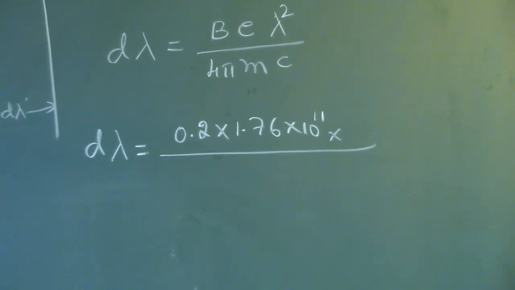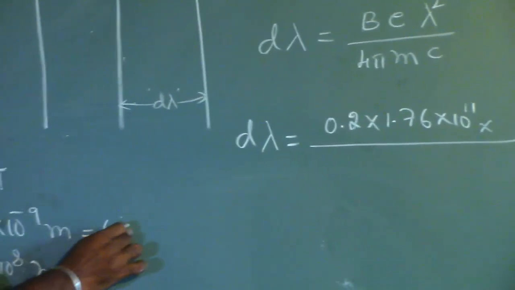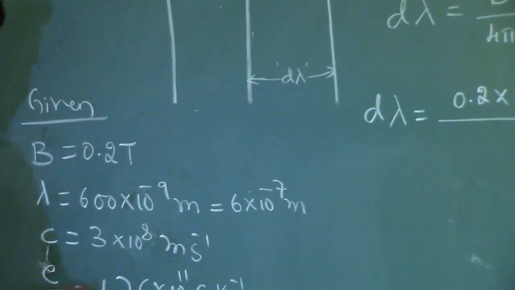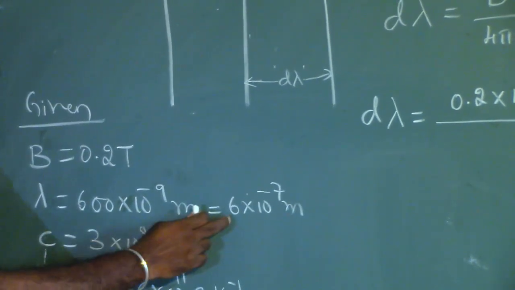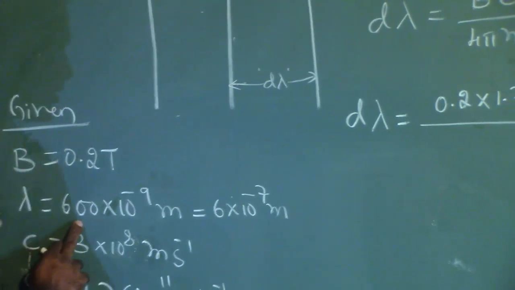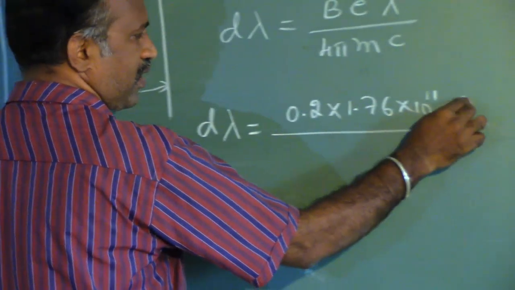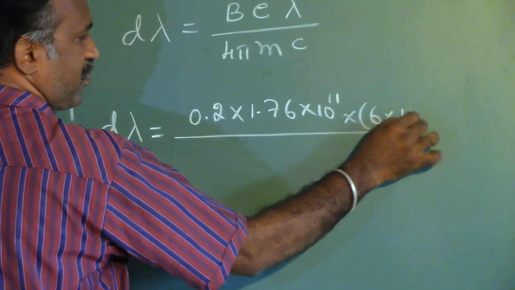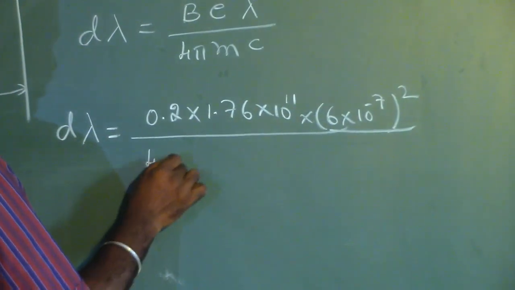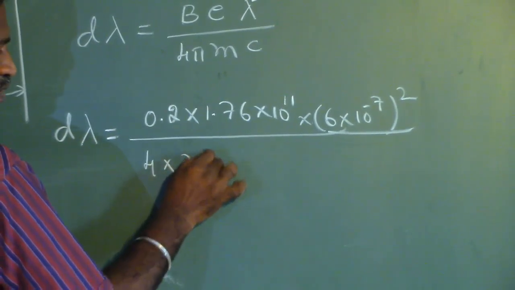To make the simplification easy, instead of writing 600 into 10 to the power of minus 9, let us write the wavelength as 6 into 10 to the power of minus 7. Now lambda is 6 into 10 to the power of minus 7, the whole square, divided by 4 into pi, which is 3.142.